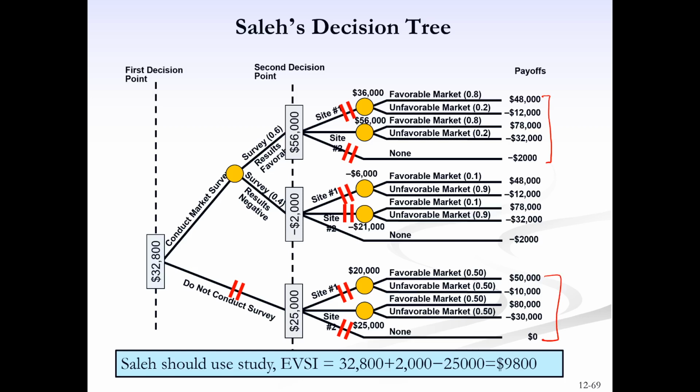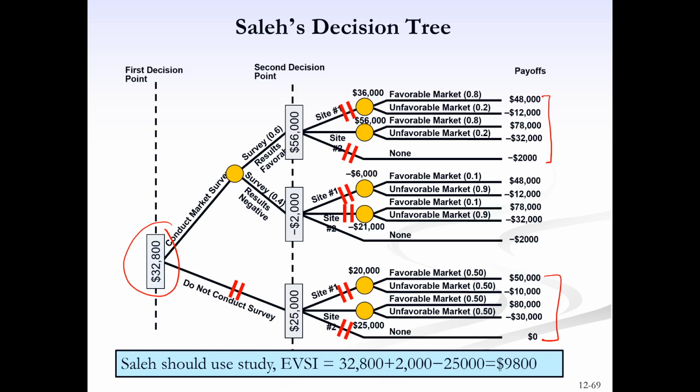We'll work out the final expected value, and the expected value coming from the conduct market survey is the highest here, which is 32,800, and this is the expected value with survey information, and this is the expected value without survey.